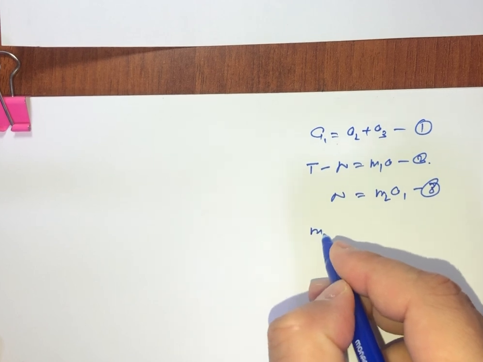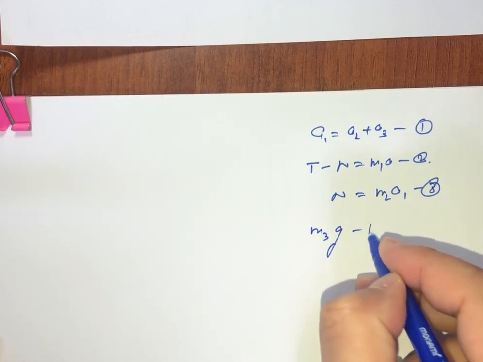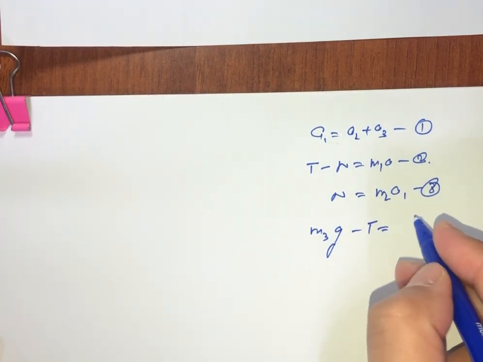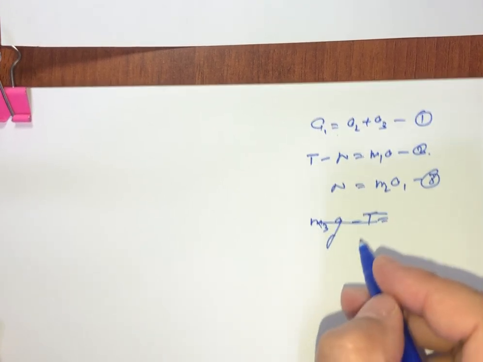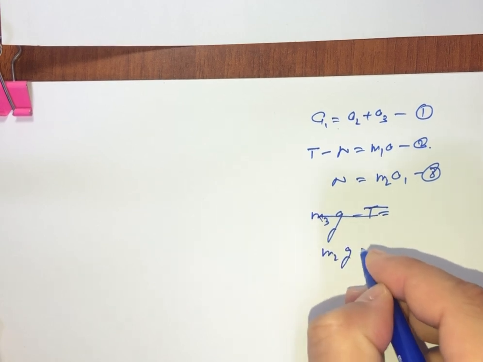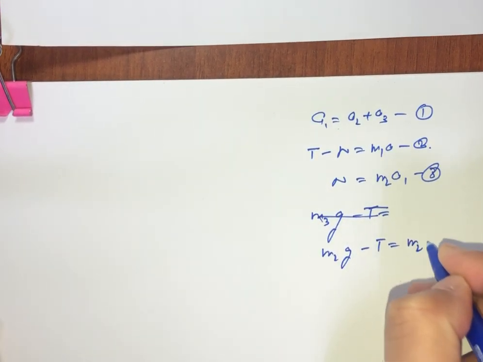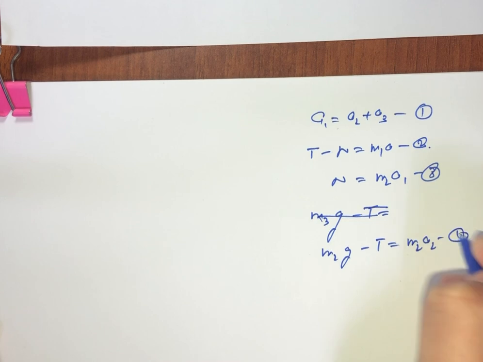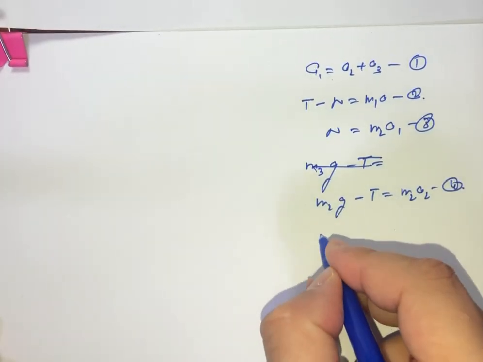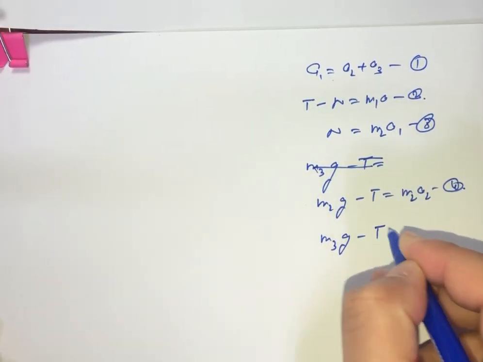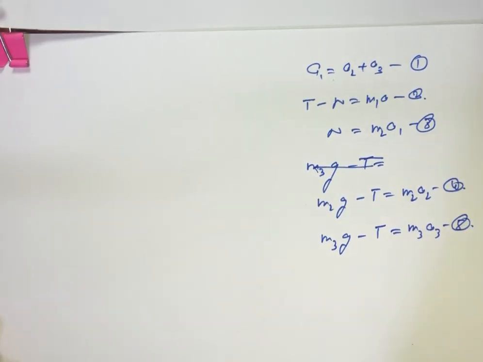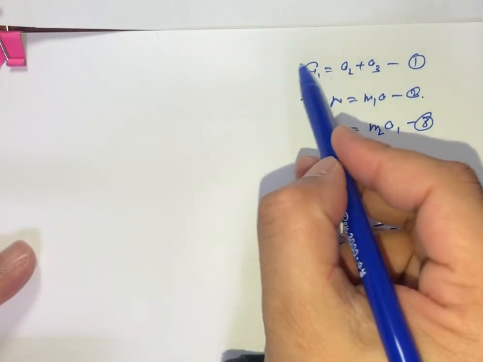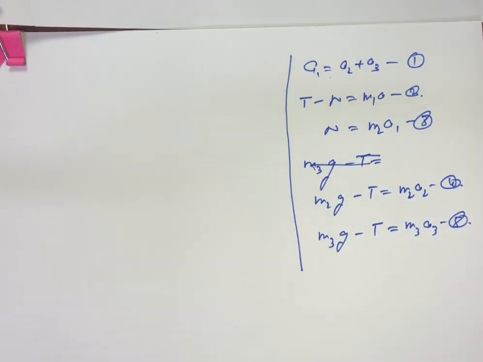And finally, I think I missed one equation, let me write, yeah, M2g minus T is equal to M2a2, equation number 4. And finally we have M3g minus T is equal to M3a3, equation number 5. So we have these 5 equations and we are going to solve them one by one.